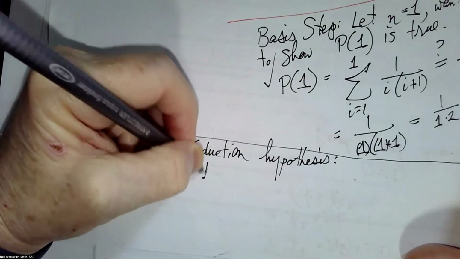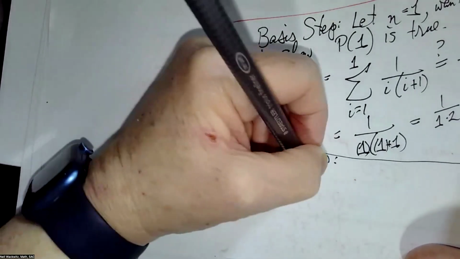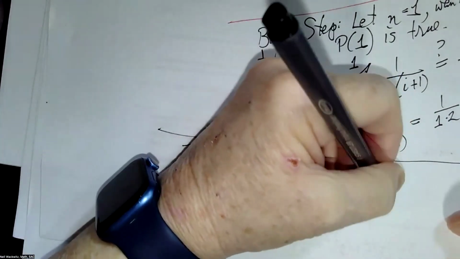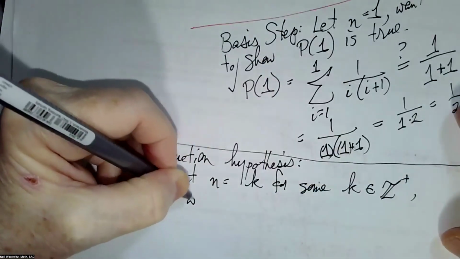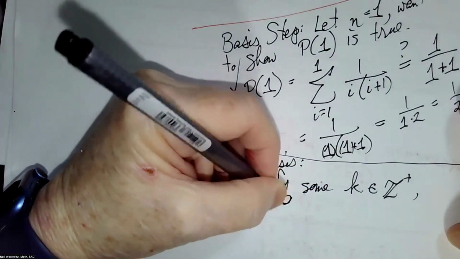We let n equal k for some positive integer k, where k is bigger than 1.